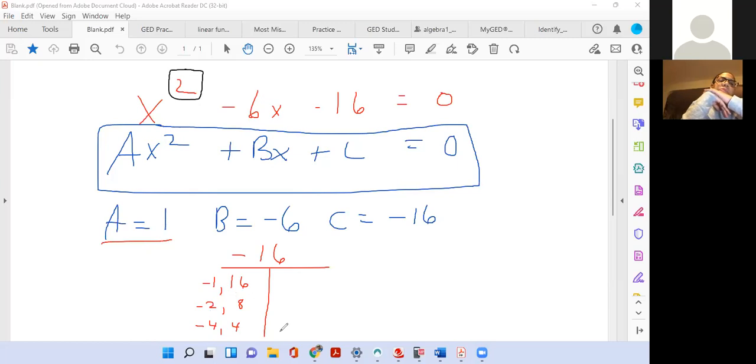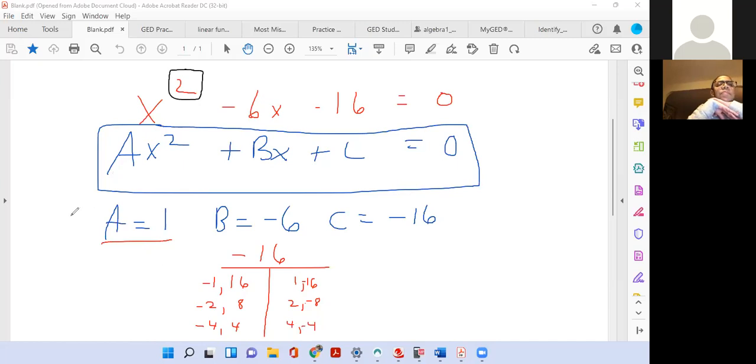So we're done. Now we're going to go on the other side and change the signs. So instead of -1, we have +1 and -16, +2 and -8, and this is basically the same 4 and -4.